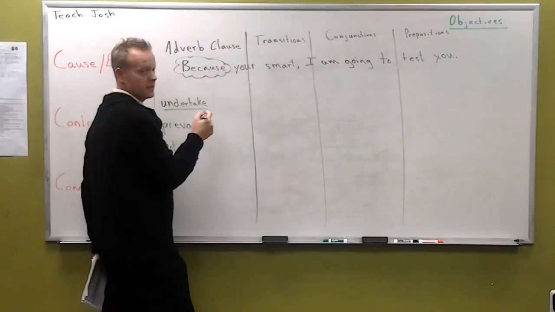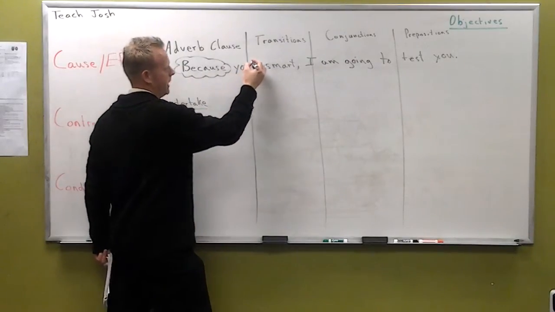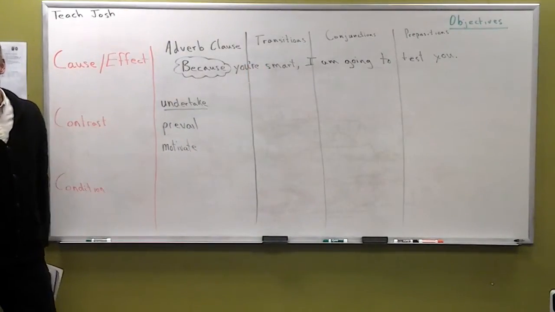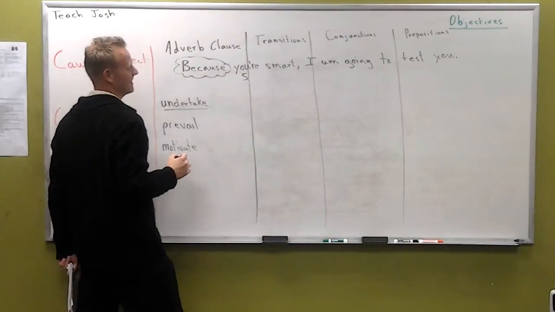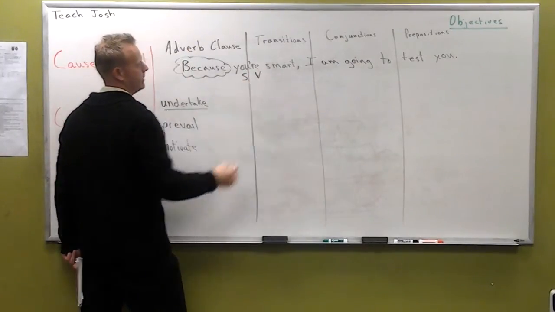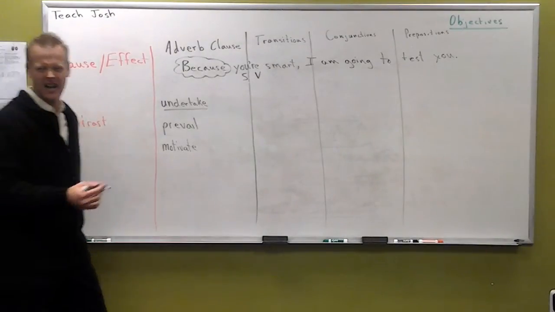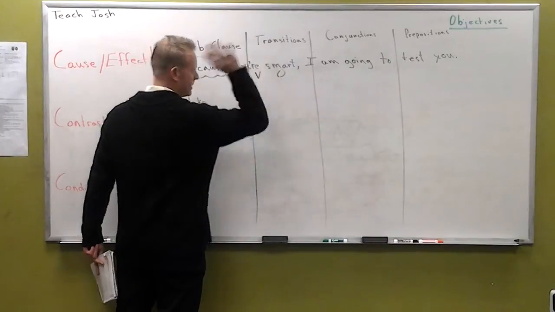Where's the subject? I am. Hold on, I made a mistake. You made a mistake, yeah. Now where's the subject? Where's the verb? Good. And then you have a predicate adjective, an adjective that's acting like the object in a sentence, right? So we'll just call it the object.